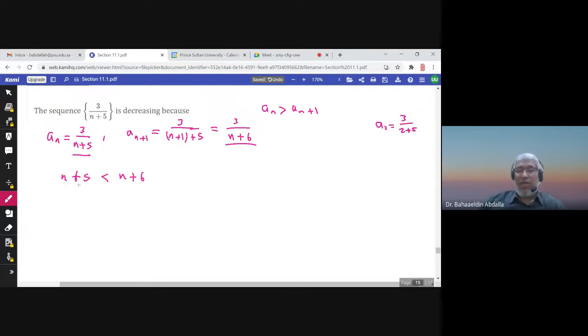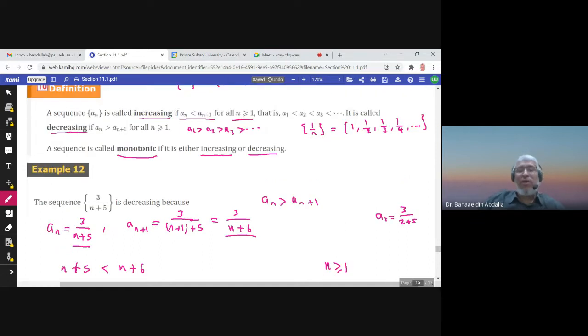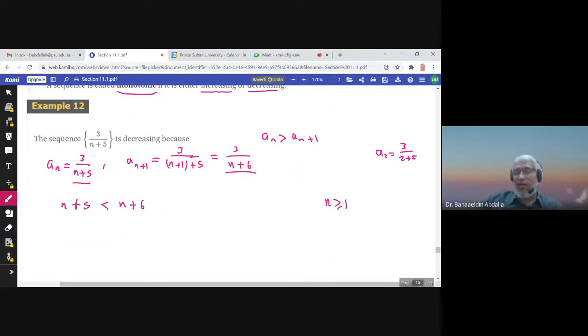Notice that n always starts from 1, because the first term is a1, the second term is a2. So in the sequence, n always starts from 1. If not, it will be stated. It could start from 0 or from 4 or from 5. But n would always be a positive number. So n plus 5 is less than n plus 6.